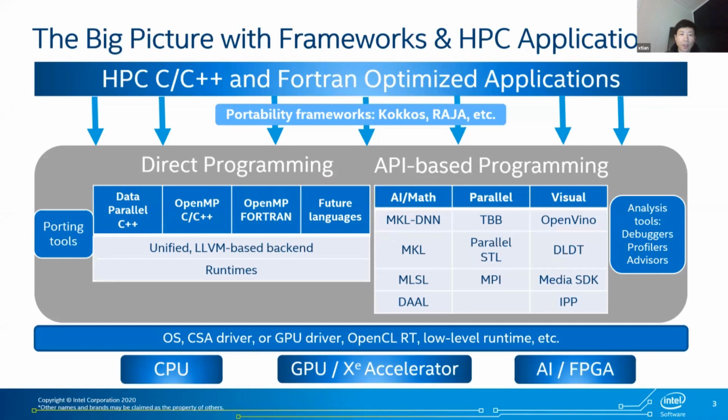All of that boils down to direct programming and API-based programming, right? Direct programming includes those languages, and for Intel, we are trying to add this new language. I will show you more information later. Plus the original OpenMP C++, OpenMP Fortran, and Python, Julia, all those scripting languages.